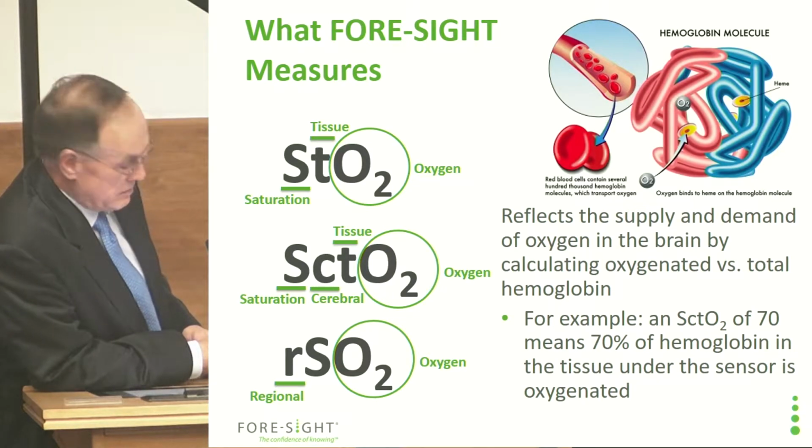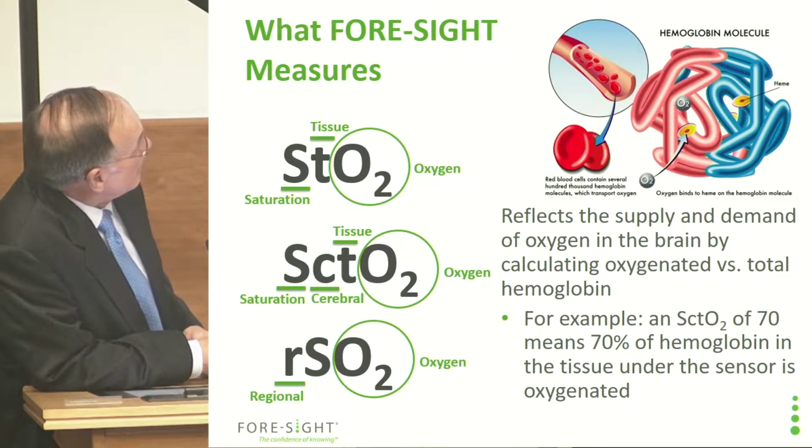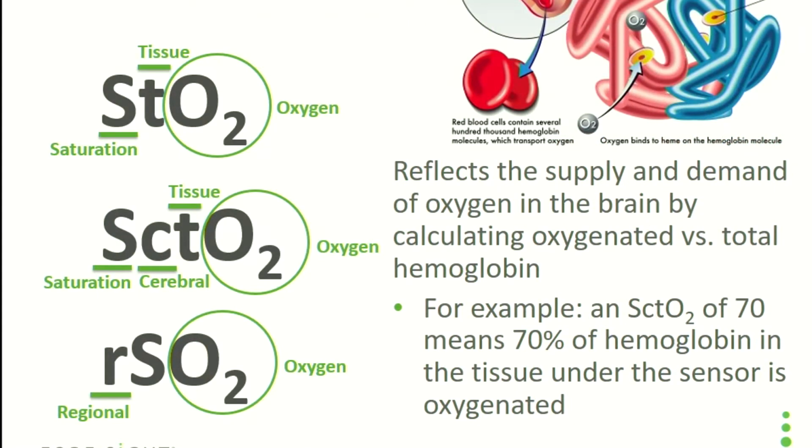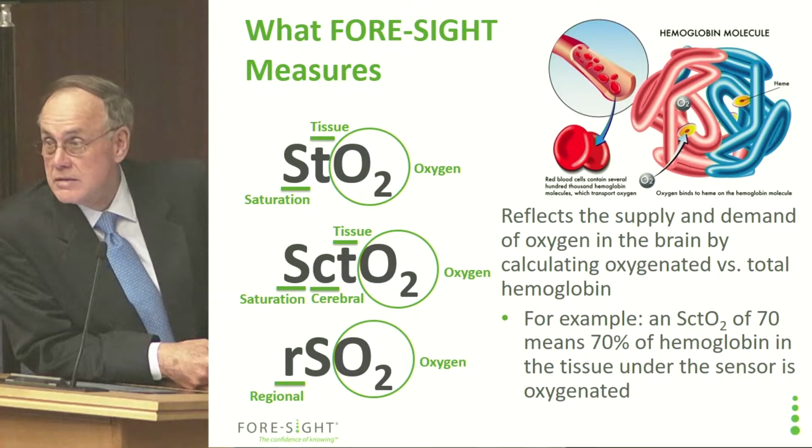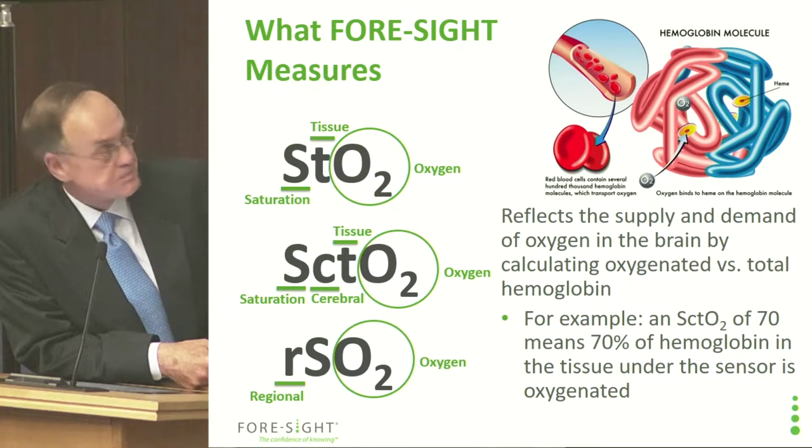But what it means is that it reflects the supply and demand of oxygen in the brain by calculating the oxygenated versus total hemoglobin. So if the monitor displays a value of 70, it means that 70% of the hemoglobin in the tissue under the sensor is oxygenated.